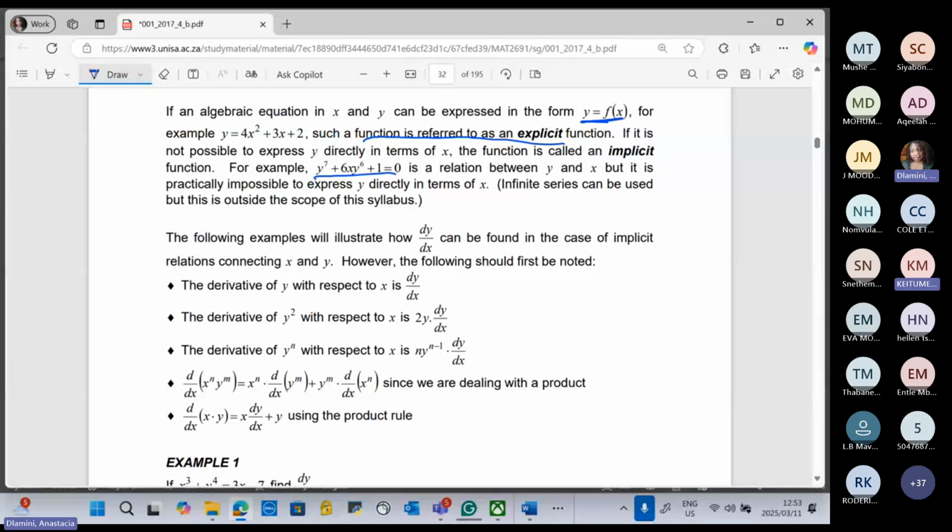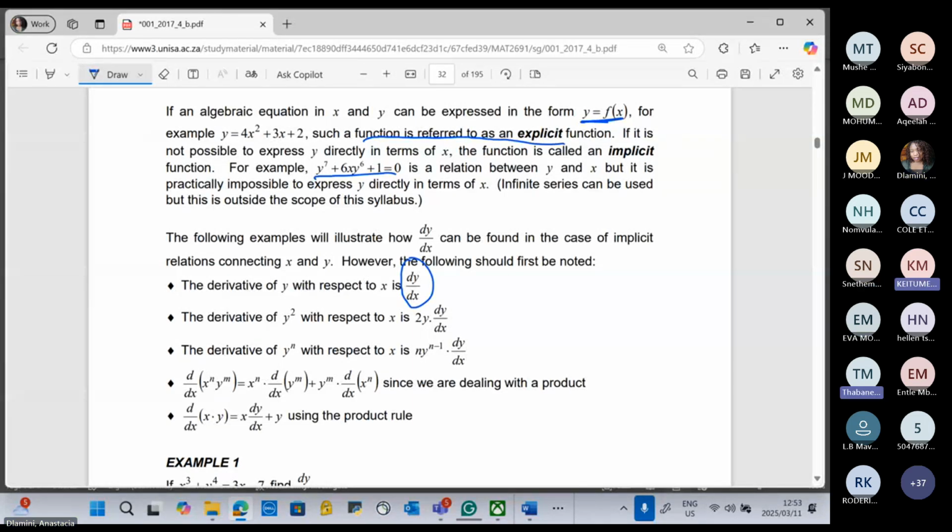Now they're saying the following examples will illustrate how dy/dx can be found in the case of an implicit function, a relation connecting x and y. However, the following is first to be noted. The derivative of y with respect to x is written as dy over dx. Do you see that?